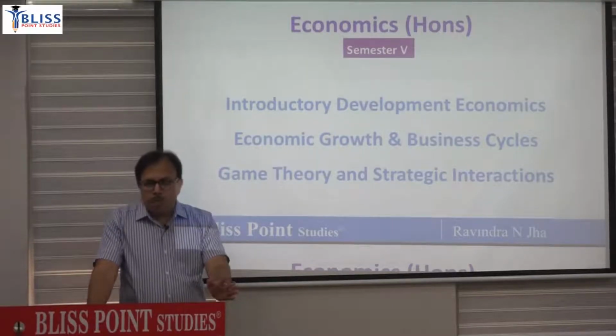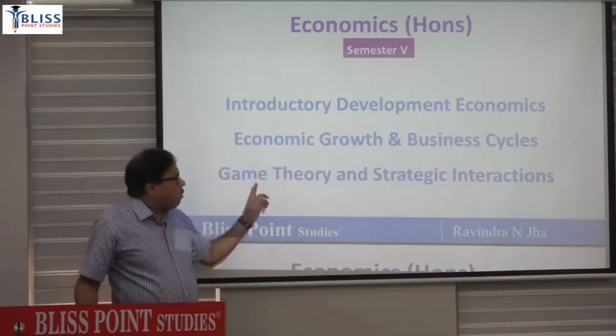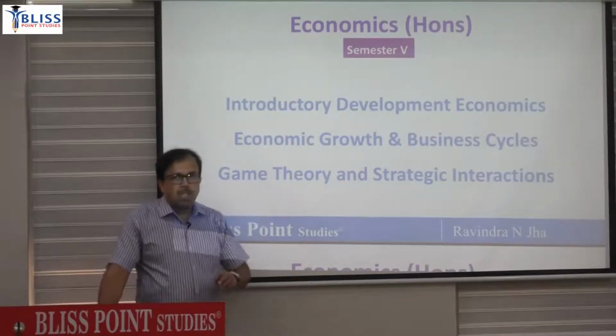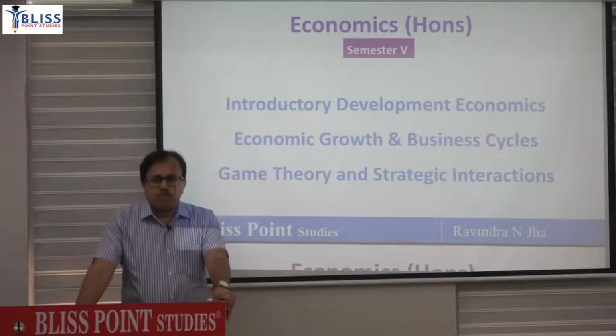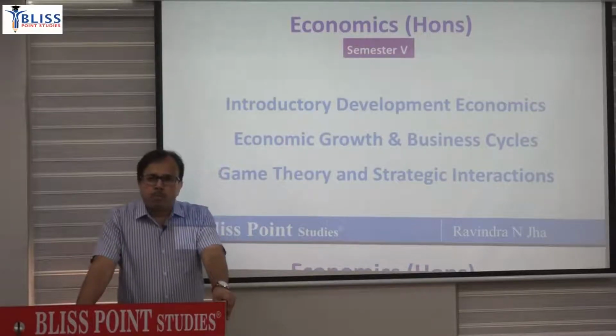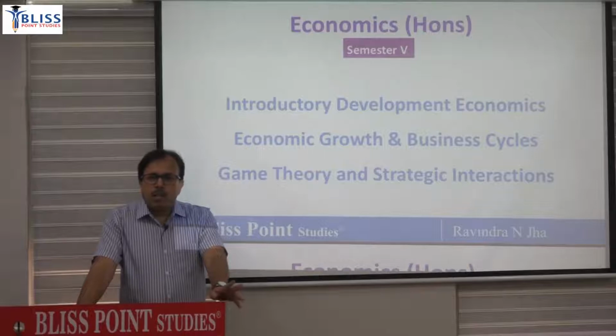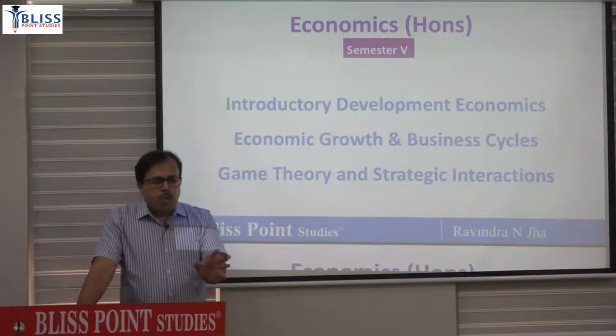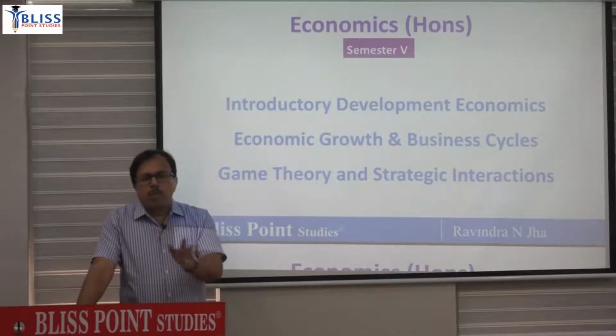So economic growth and business cycle will be another paper. The third paper, game theory and strategic interaction, is an extension of micro. Game theory again used to be one unit of microeconomics in semester 4. Now that unit of game theory you are studying completely as a subject in semester 5.